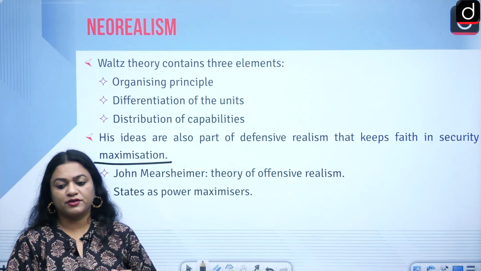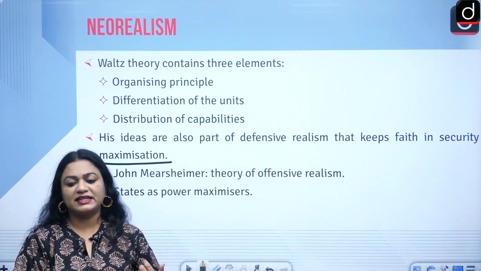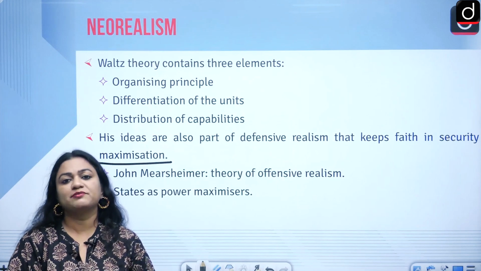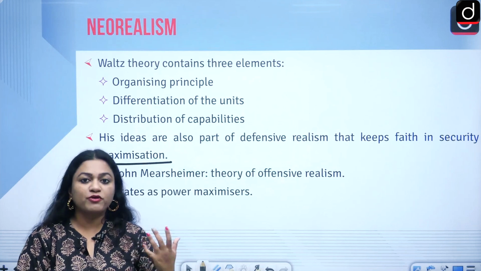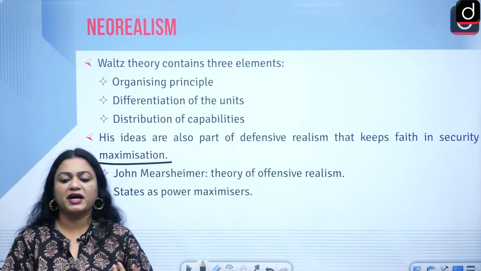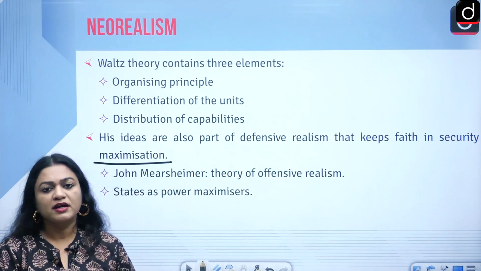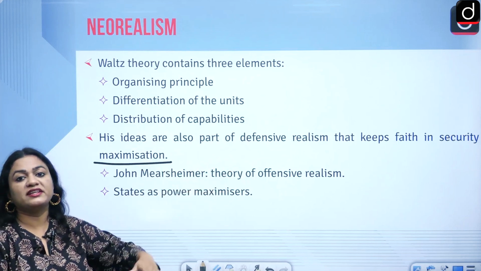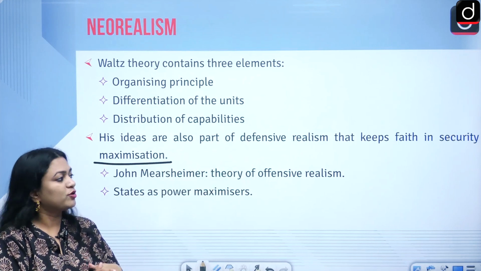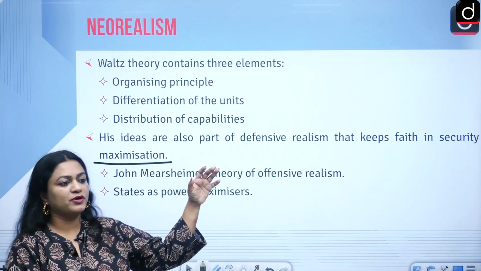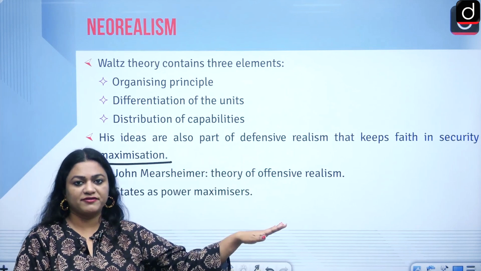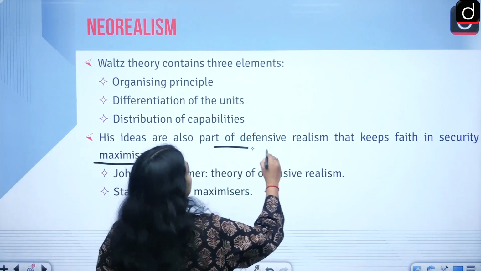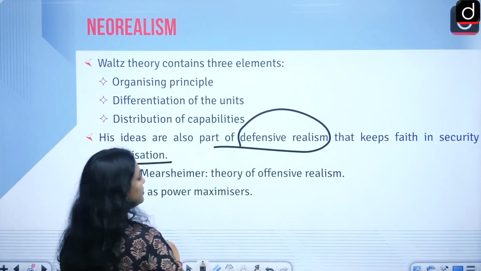Waltz says that states are security maximizers rather than power maximizers, because power maximization often proves dysfunctional as it triggers a counterbalancing coalition of states. So states are actually increasing their security, because international politics is defined by statism, self-help, and survival. Don't forget these things. Kenneth Waltz's ideas are part of defensive realism.